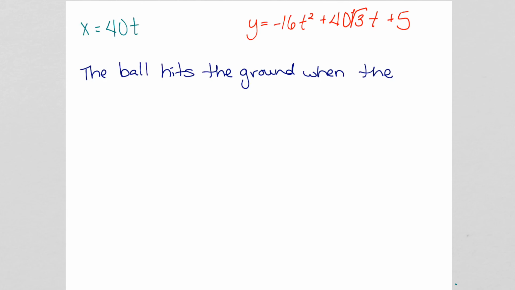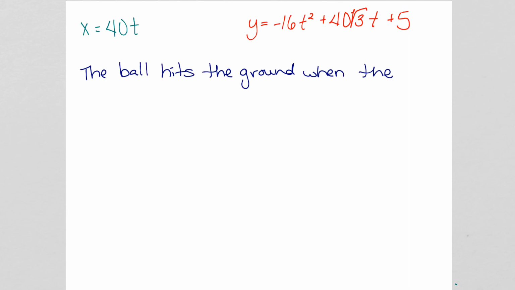Do we use the distance or the height? When it hits the ground, is that talking about the distance or the height? Well, if we're talking about distance, it's just staying along the ground, so that wouldn't make sense. Height is when it goes up and comes back down.